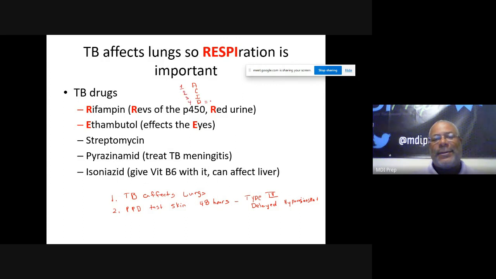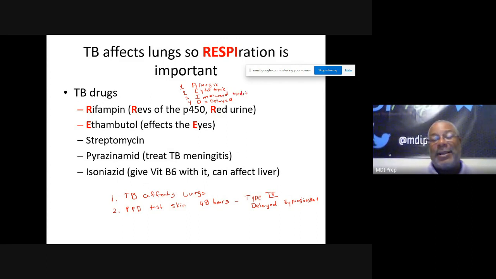Type 4 is delayed. Type 1 is allergic or anaphylactic. Type 2 is cytotoxic. And type 3 is immune mediated.